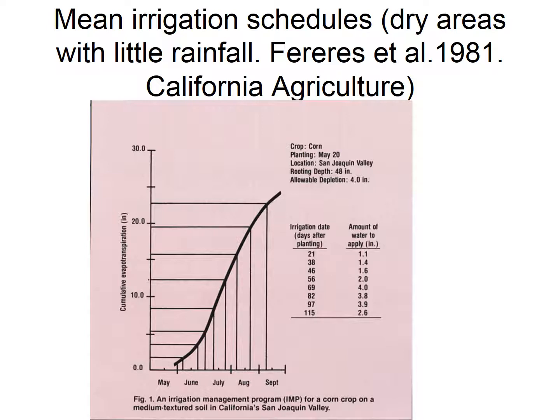With that, we would calculate the dates and amounts of irrigation for the whole growing season, which is very useful for planning the irrigation season. But this is only applicable to areas where rainfall is negligible during the irrigation season.